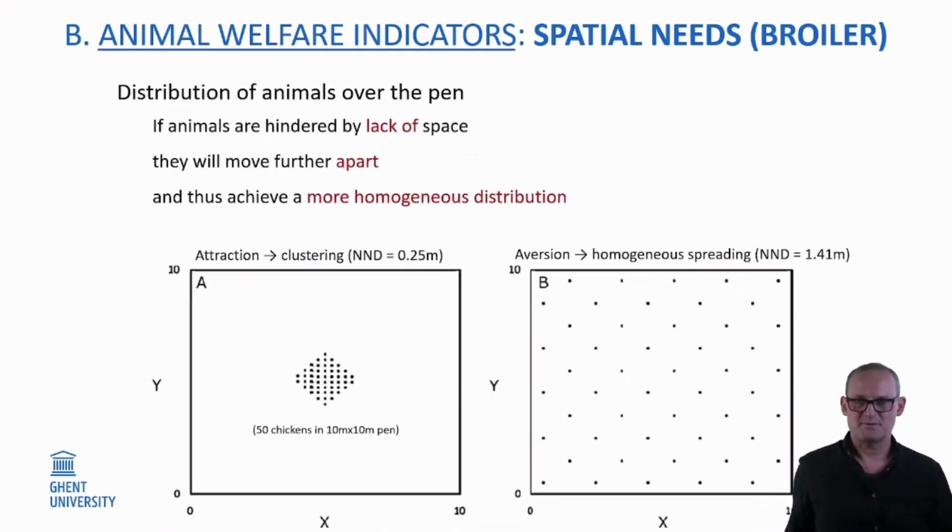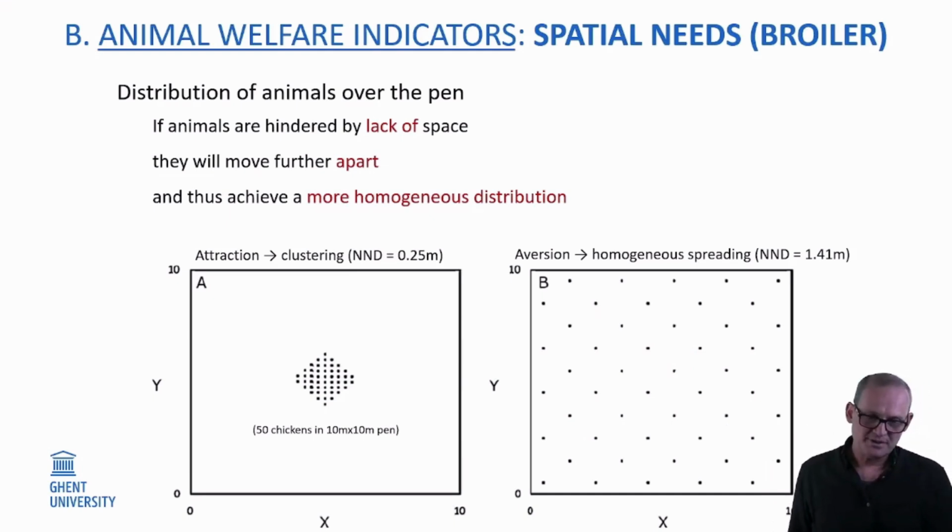So this is the principle. Chickens are social animals. That means that if they have plenty of space, they will form groups. They will have a clustered distribution. However, if you limit the amount of space that this group of broilers has so severely, they will spread evenly in order to keep maximal distance between each other and preserve as much personal space as possible under these very restrictive circumstances.